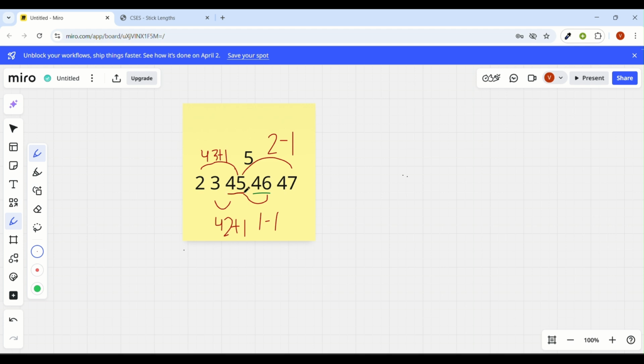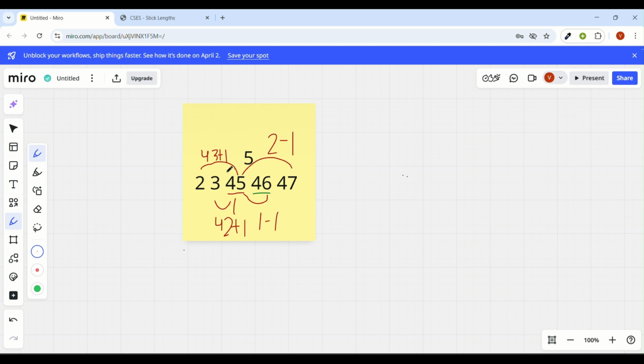The answer is still the same, but the change which will come in will be because of this 45. This was the selected length previously, which was not making any change, but now it requires a change of 1 unit. We need to increment its length by 1. So I think my point would be clear to everyone.